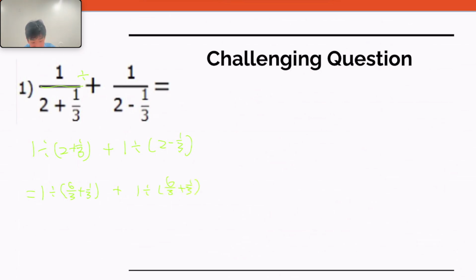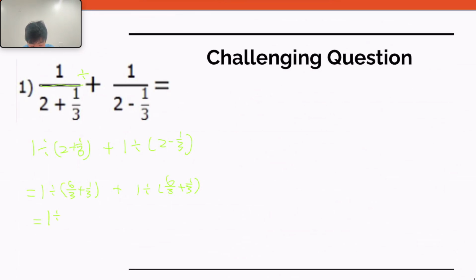So you convert this into the same denominator, and then you add them together. You add the numerators with the same denominators. This will become 7 over 3, plus 1 divided by 7 over 7. This will be minus, so you subtract the numerators.